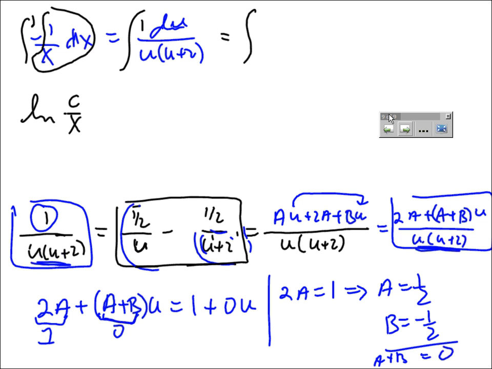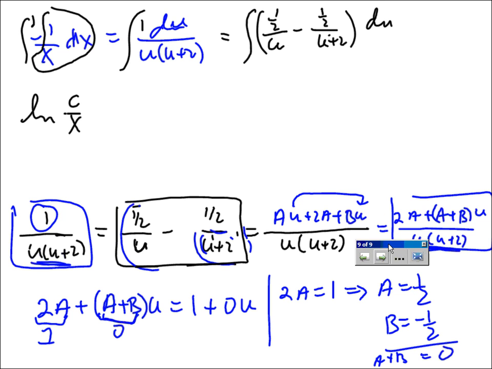So I have the integral of 1/2 over u minus 1/2 over u plus 2 du. The 1/2 can factor out.